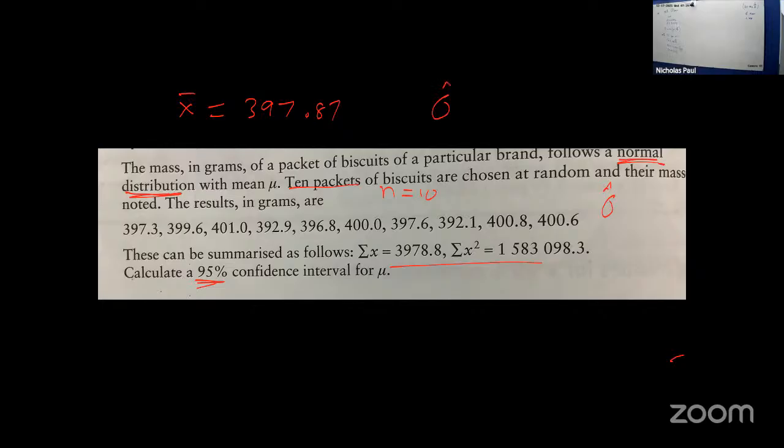What did y'all get for sigma? I have 3.213. What did you get? What do you get, 3 point what? For your sigma value.